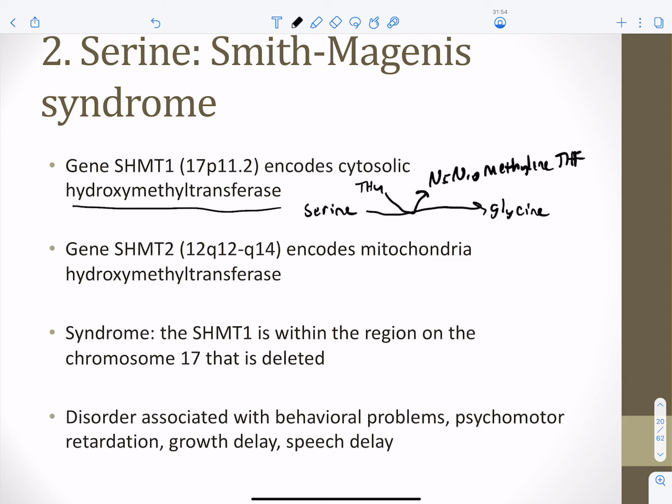There's a cytosolic version of the hydroxymethyltransferase, and there's a mitochondrial version. For the syndrome, it's the cytosolic version that is going to be deficient. This is simply going to prevent serine from becoming glycine, and this disorder is going to lead to a lot of psychological problems, motor skill problems, growth delays, etc.